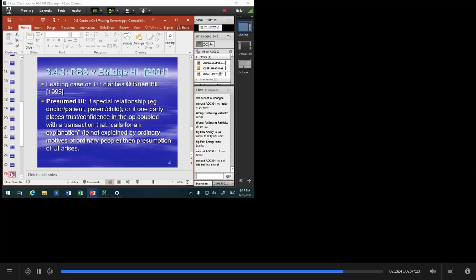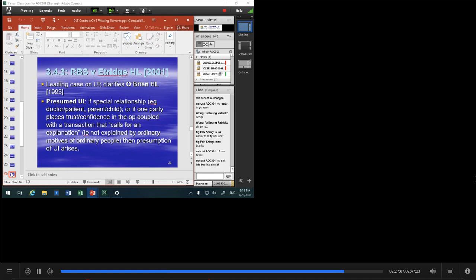So if you do enter into a transaction that is not explained by the ordinary motives of ordinary people, then the presumption arises. And I emphasize again, arises. It doesn't mean there is undue influence, it just arises, but it can be rebutted. And the main way of rebutting it is by making sure the innocent party has been given independent legal advice.